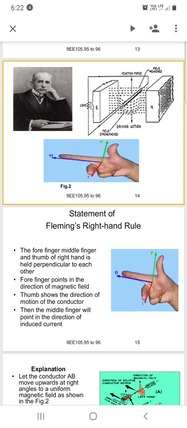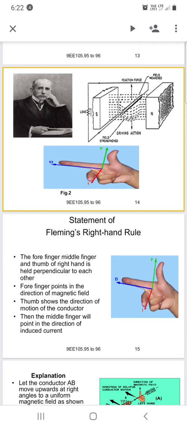Perpendicular to each other, the forefinger, the blue line, indicates the direction of magnetic field, that means magnetic lines of force from north pole to south pole.